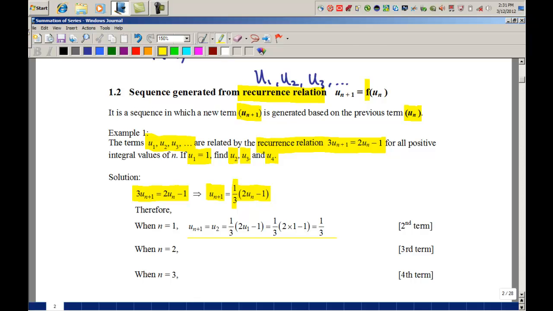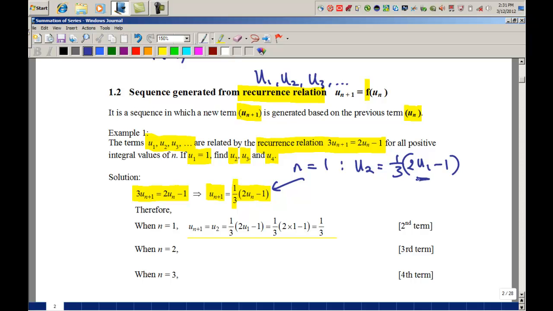And I say that if I want to compute u2, all I need to do is to let n equal 1 in this equation. Then I will have u2 on the left hand side, and on the right hand side I will have 1/3 (2u1 minus 1).